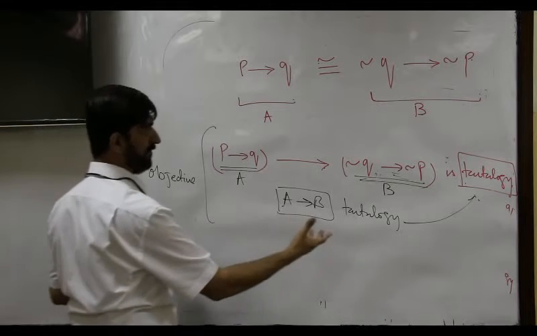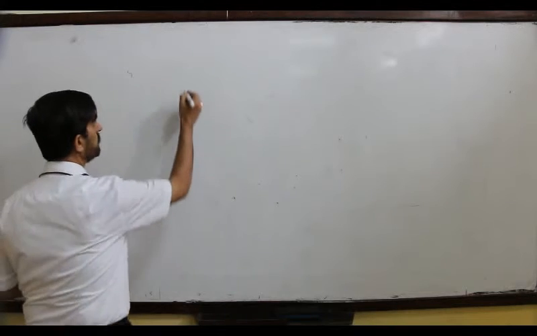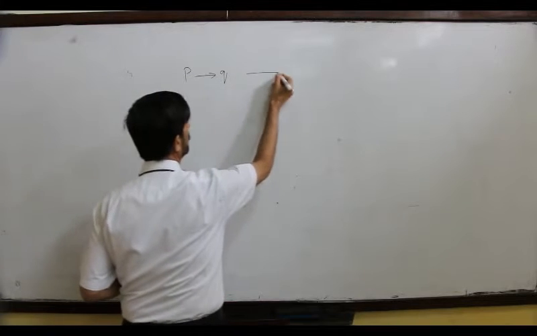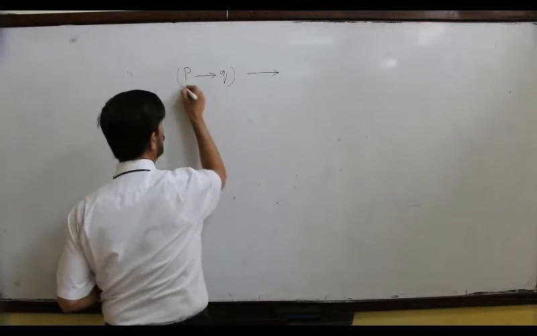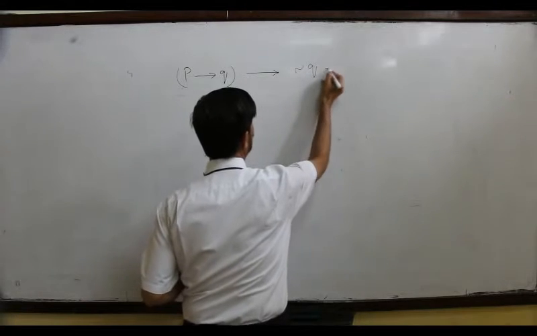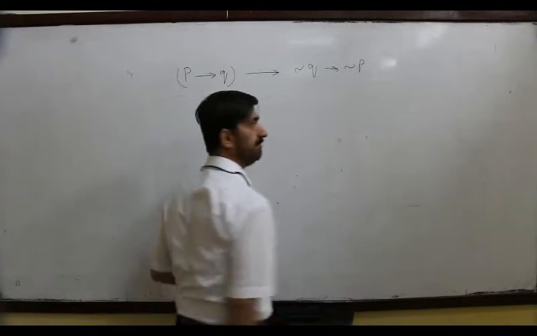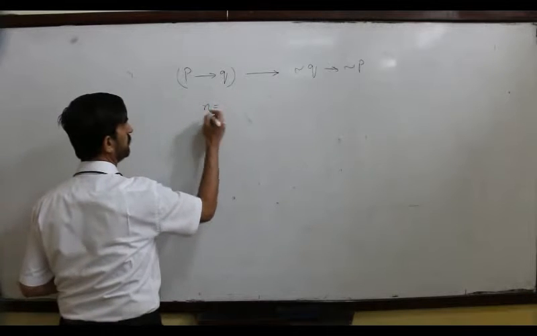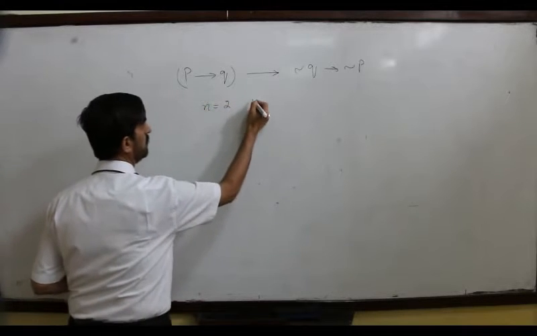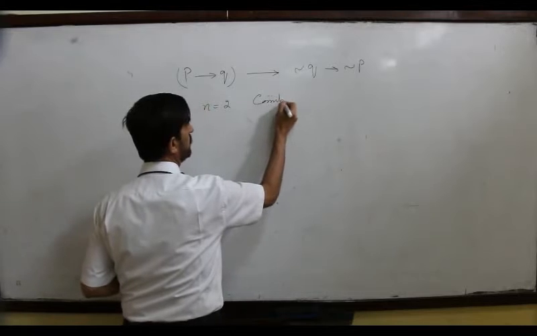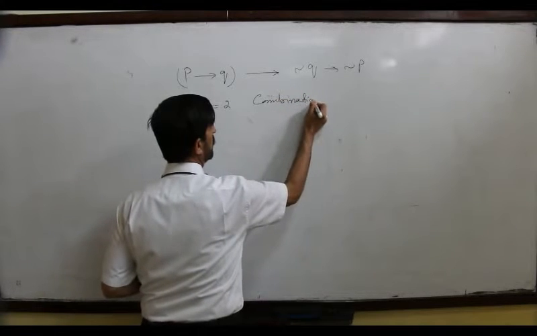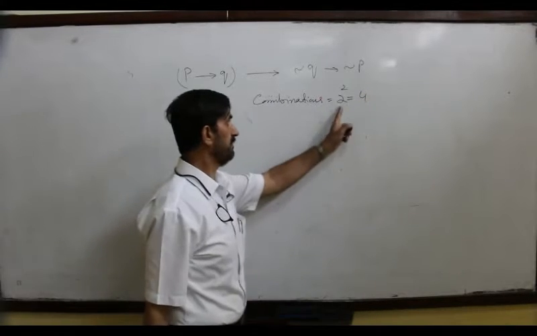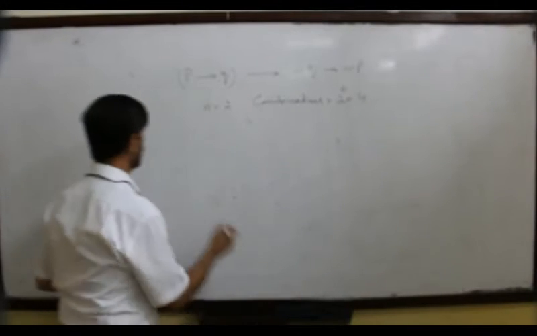So how will we prove that this is a tautology? Now we prepare the truth table of P implies Q implies not Q implies not P. Here we have two variables, so the value of n will be equal to 2, and the total number of combinations will be 2 raised to power 2, which is equal to 4.